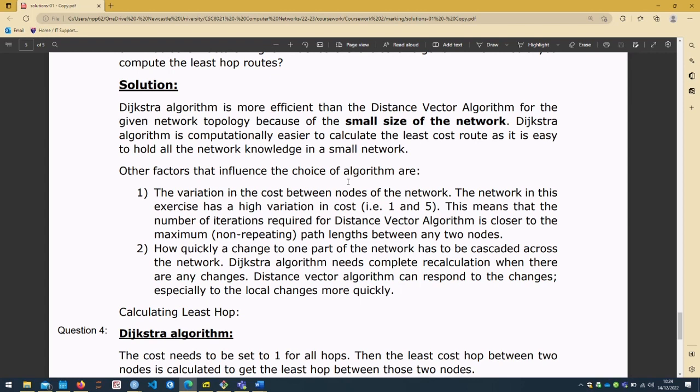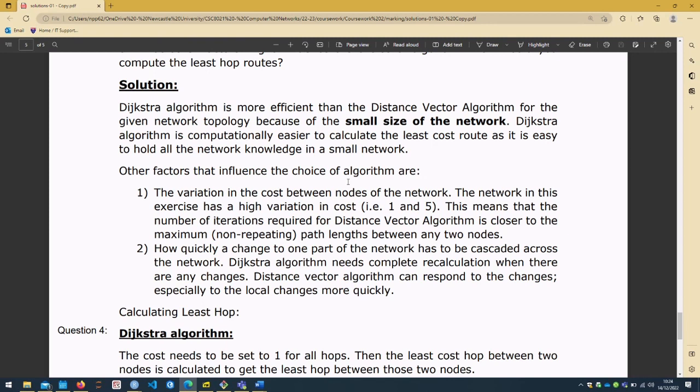And again, it depends on how quickly those values might change over time. A distance vector algorithm can respond to changes locally, whereas Dijkstra's algorithm needs a complete recalculation when there are any changes.